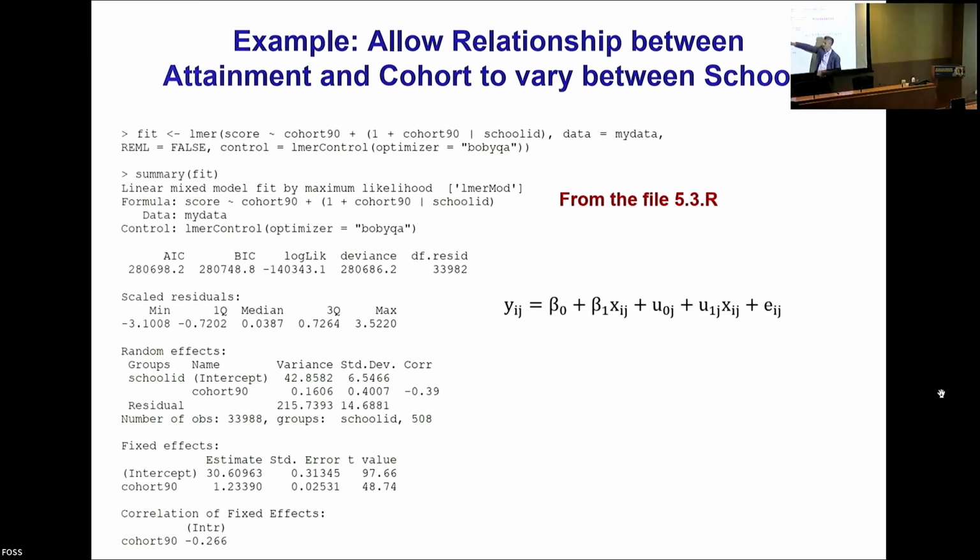And in the output, what is new? Well, for the fixed effects, the cohort 90 part remains pretty much the same. Nothing's changed there. But what has changed is the random effects. Apart from the intercept residuals at the group level and the individual level residuals, which are the same, what is new is the cohort 90 level residuals. These are the slope level residuals.